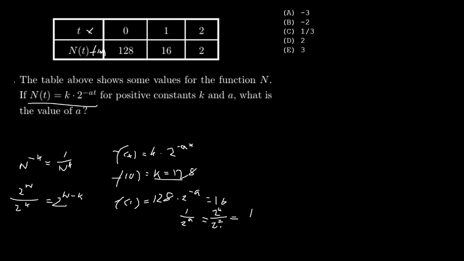So it would be equal to 2 to the 4 minus 7, 2 to the negative 3, and we can just write it as 1 over 2 to the 3. And we are done actually, because 1 over 2 to the a is equal to 1 over 2 to the 3. We don't have to prove that a equals 3, we just see that a equals 3. And the answer is E, therefore 3.